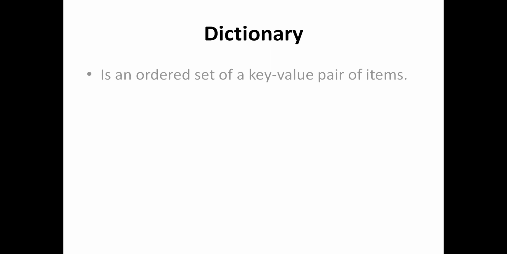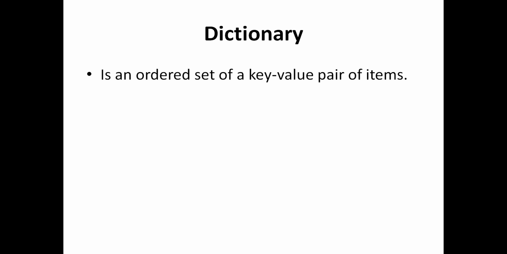Now we'll move on to dictionaries. A dictionary is an ordered set of key-value pair items. It is like an associative array or a hash table where each key stores a specific value. A key can hold any primitive data type, whereas a value is an arbitrary Python object.